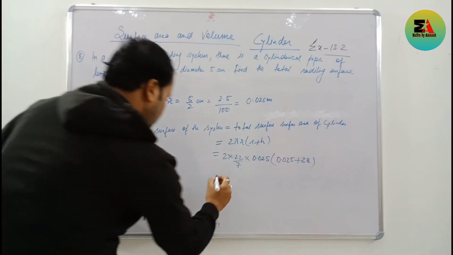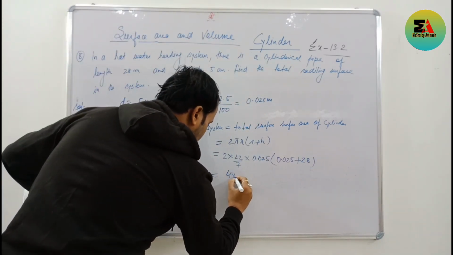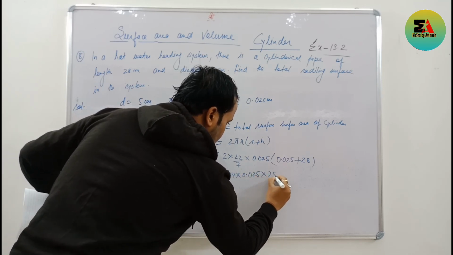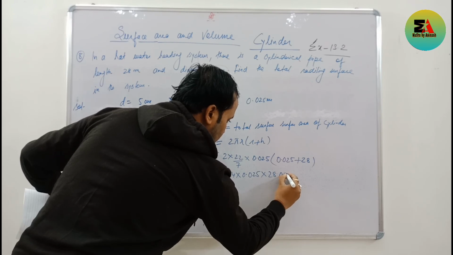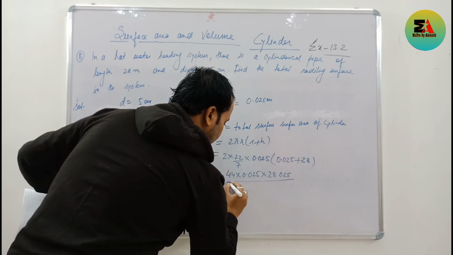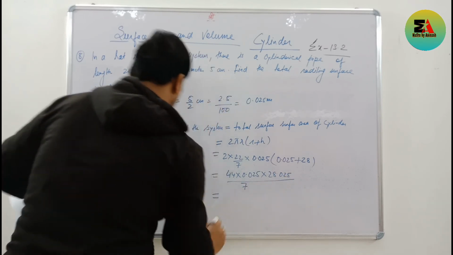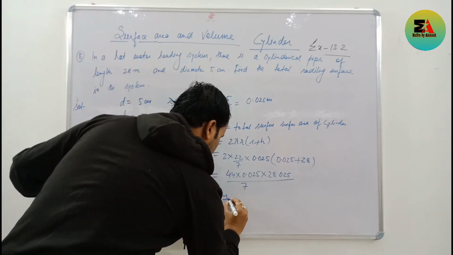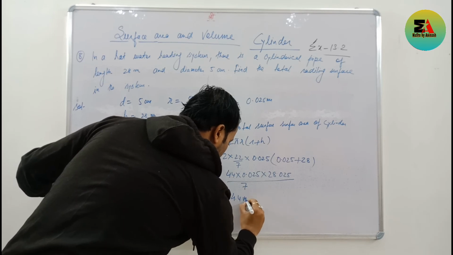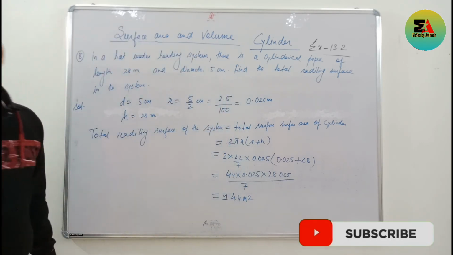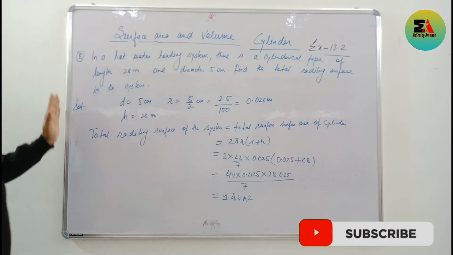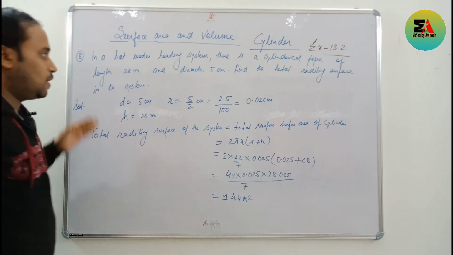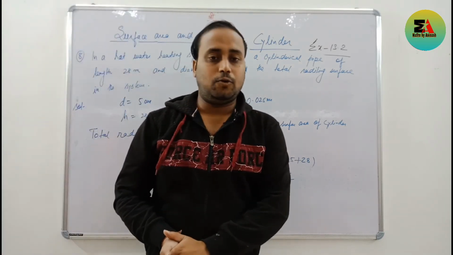This becomes 44 into 0.025 by 7. After we calculate, this becomes approximately 4.4 meter square. This is the total heat radiating area of this system. I hope this one is clear to you.